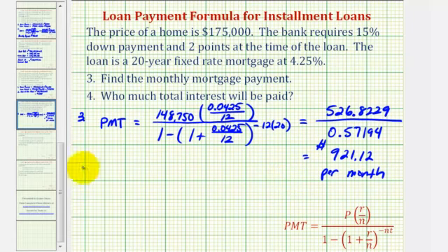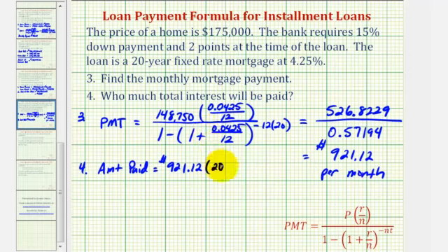Now for number 4, we want to determine the total interest paid for this loan over the 20-year period. So to do this, we'll first find the total amount paid and then subtract the loan amount. So the amount paid over the 20 years is going to be the monthly payment, $921.12, times the number of months over 20 years.